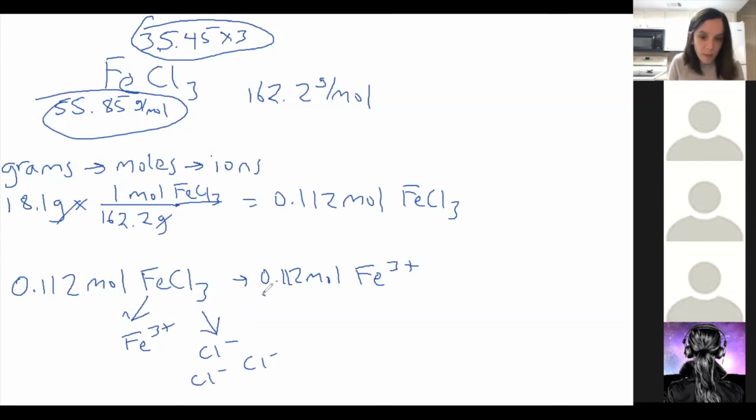So it's the same amount of moles, whether it's Fe3+ or FeCl3. So now that we know that, we can convert from moles of Fe3+ to ions.